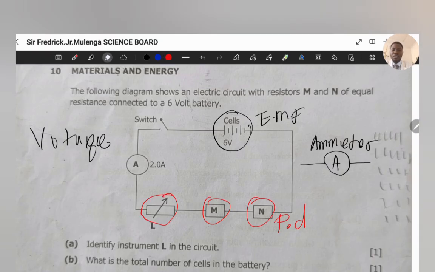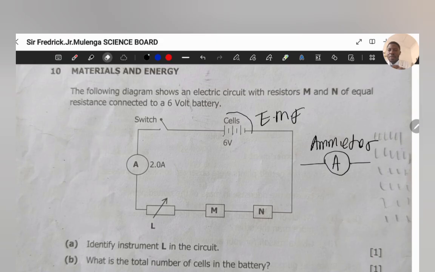So let me breathe life into that definition so that you get it. If we have a wire connected, we have a battery just right here, and we've connected our wire there to a bulb, just like that. This is our negative, this is our positive.